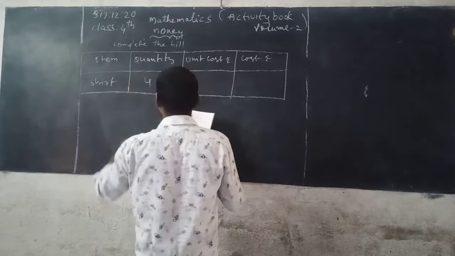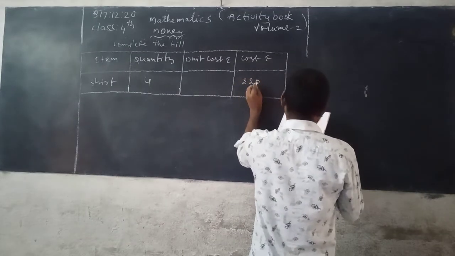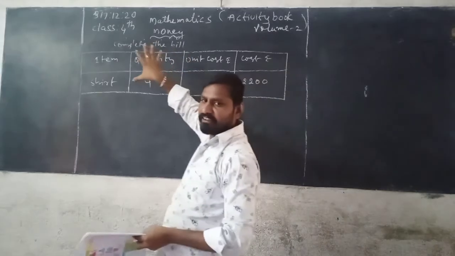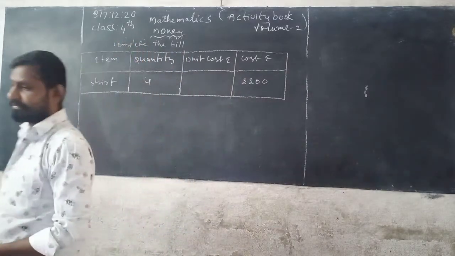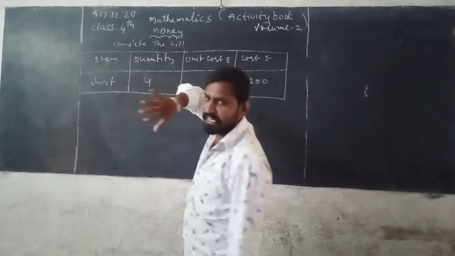So quantity 4. So total cost is given. Everybody write down this information in your CW. So just write this table in your CW.